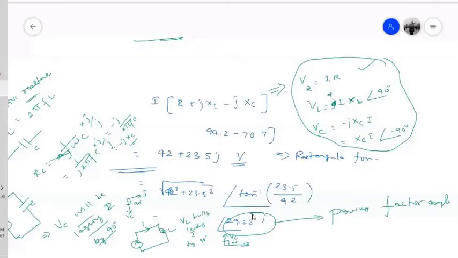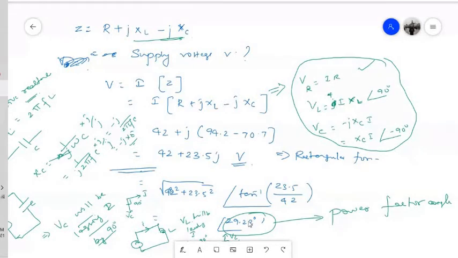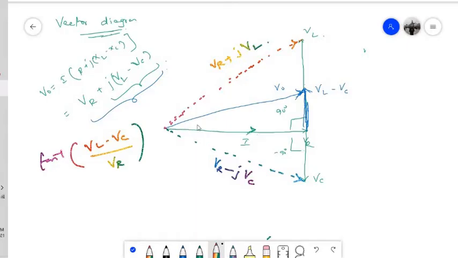So we have already obtained this angle, 29.22 degrees. Otherwise also you can find it out because you know this is theta. So if you want to find tan theta, it will be nothing but VL minus VC divided by VR. So theta will be tan inverse of VL minus VC divided by VR. So either way you can find this out.